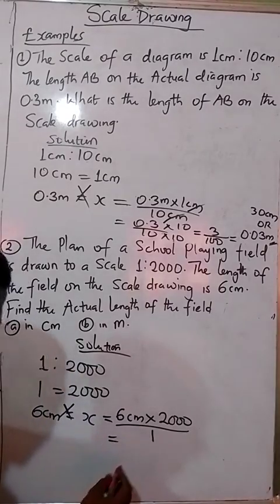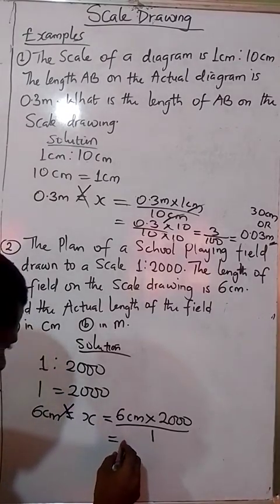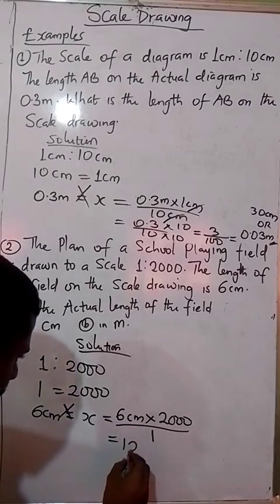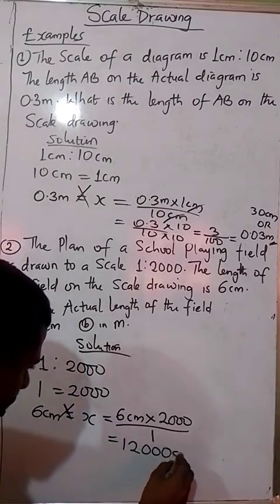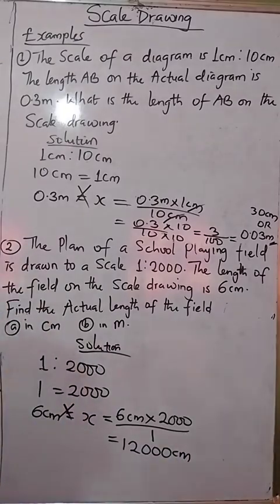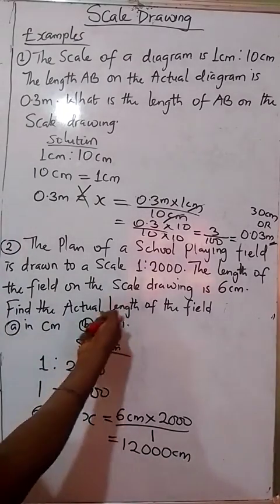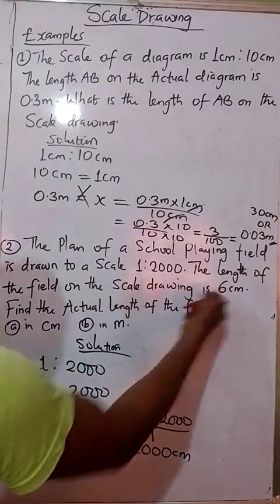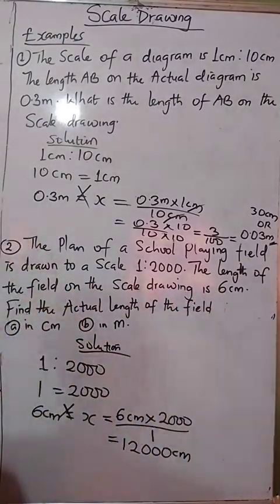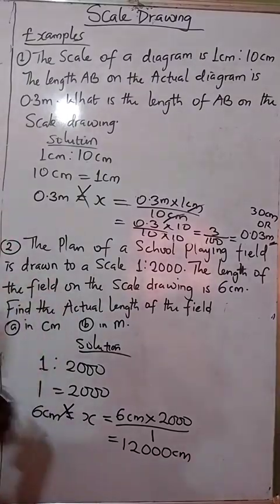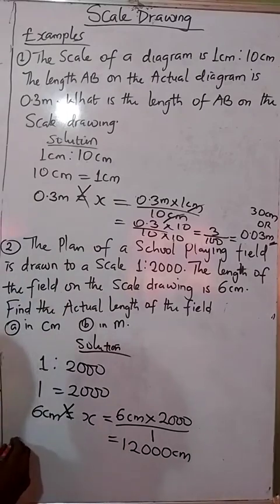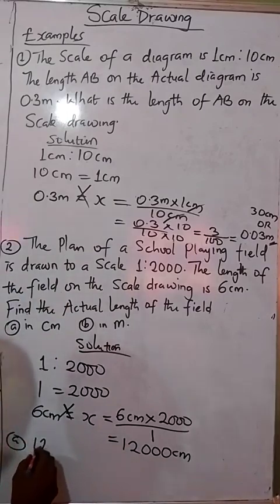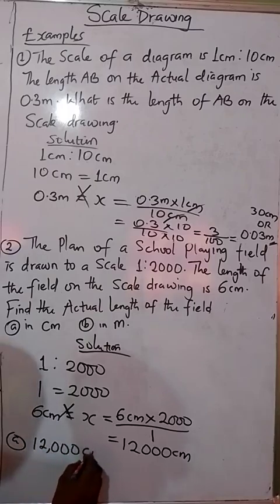If you multiply that together, you have 12,000 centimeters. So the scale drawing is 6, while the actual length of the field is 12,000 centimeters. So A, that's 12,000 in centimeters.